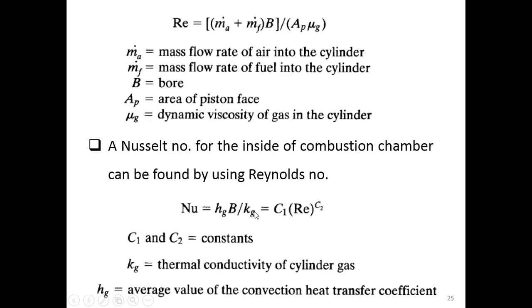This is the thermal conductivity of the working fluid, not of the material. So if we know the Reynolds number and the constants, then we can calculate the heat transfer coefficient on the gas side.